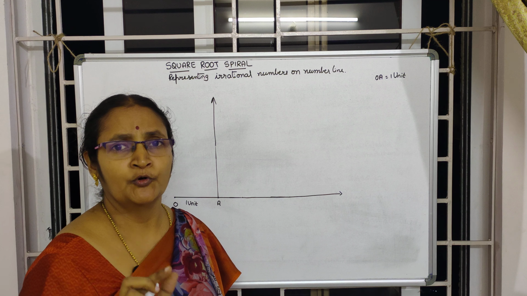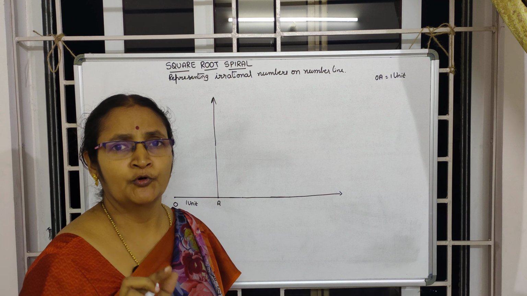That is OB square equals OA square plus AB square. OA square is 1 unit square, and AB square is also 1 unit square. That is 1 plus 1, that is 2 square units. So OB equals root 2.